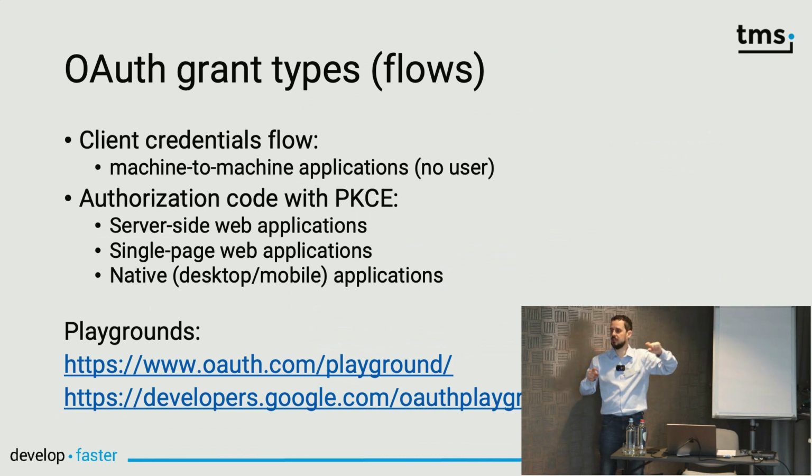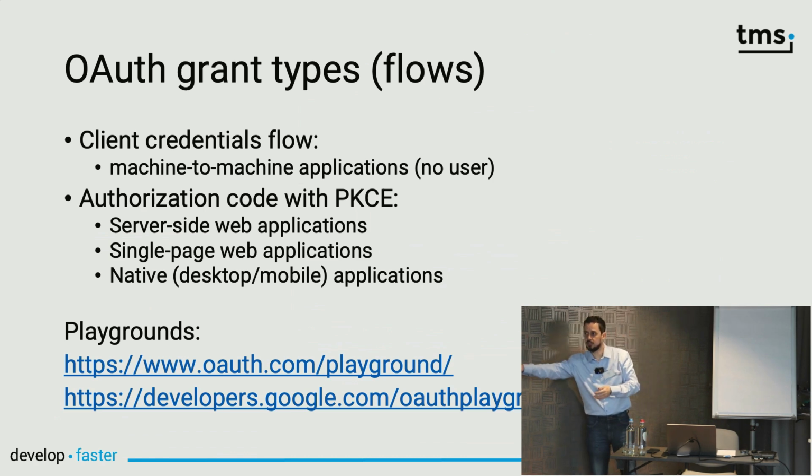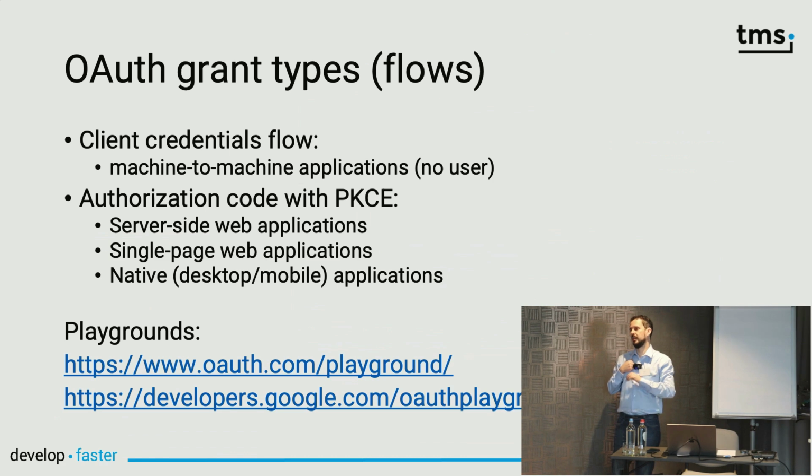The authorization code is the regular one that you use for this process of logging in. So when you go to log into something, you have a mobile application, a desktop application or a web application, you use this authorization code flow, which mainly is: log in somewhere, get a code, after you log in get the token, and with that token I can access my API.